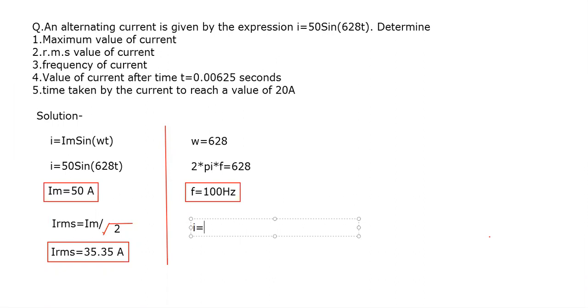So here it is given I is equal to 50 sin 2 pi f t. Okay, 2 pi f into t.